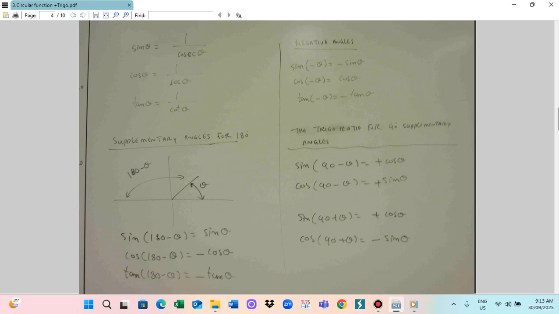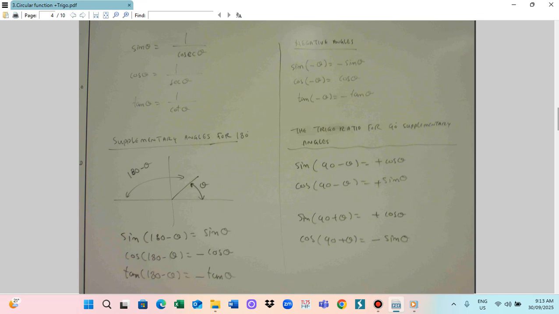Similarly, we can also have the rule for the negative angle. Negative angle means that sine negative theta is equal to negative sine theta. And cos negative theta is equal to cos theta.